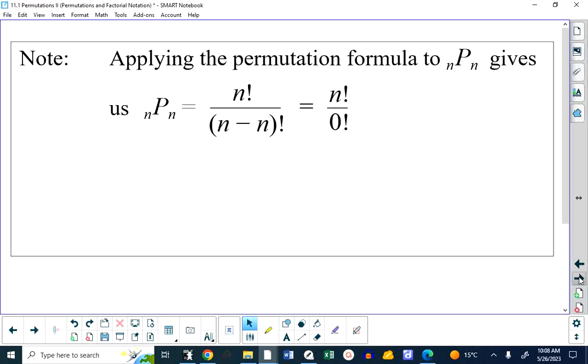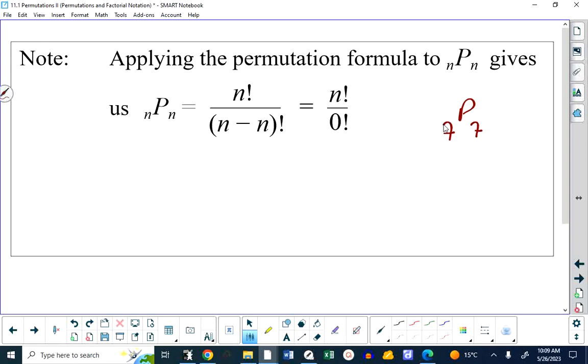You're only allowed to take the factorial of 0, 1, 2, 3, etc. Why is it 1? Well, if I told you that how many different ways are there to arrange 7 items out of a group of 7? You know that's 7 factorial, don't you? It has to be 7 factorial. That's what we learned yesterday.